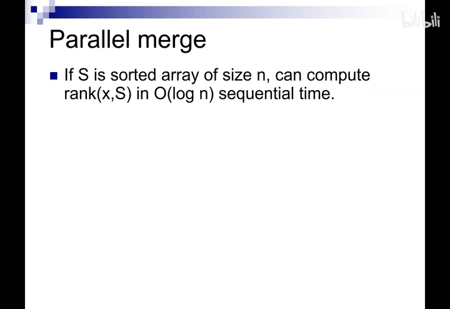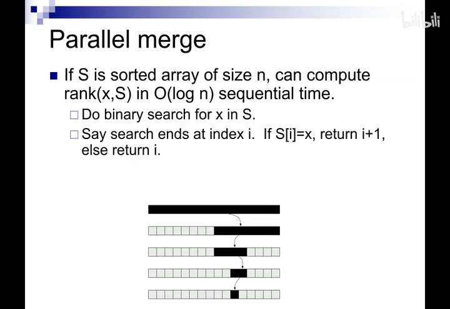Now the only thing is, how do you compute the rank of a value in a set? If this set is sorted, and suppose it has a size of n, then you can compute this rank in order log n sequential time. Even if you only have one processor, if you have a sorted array of size n, you can compute the rank of x in S using just one processor in log n time.